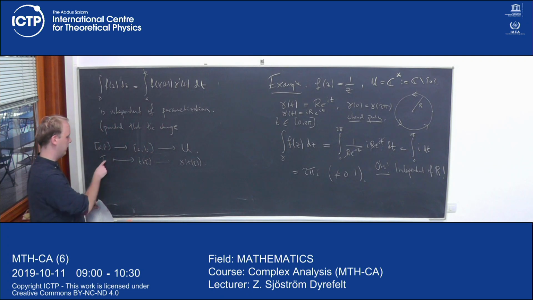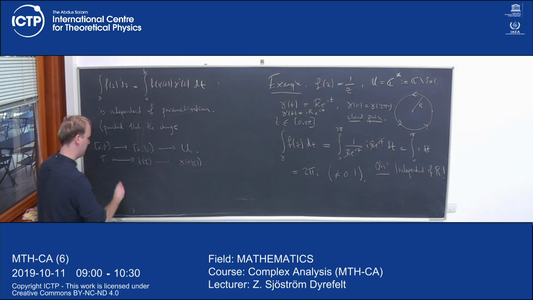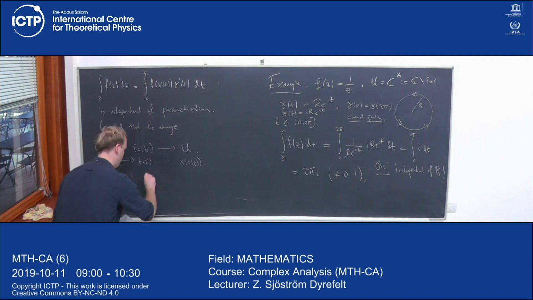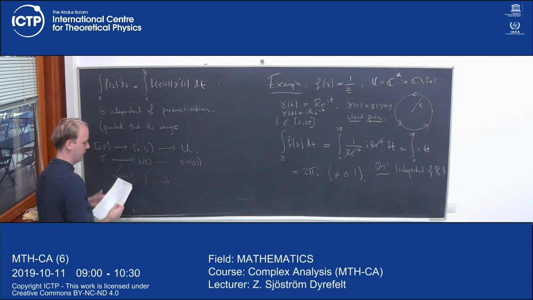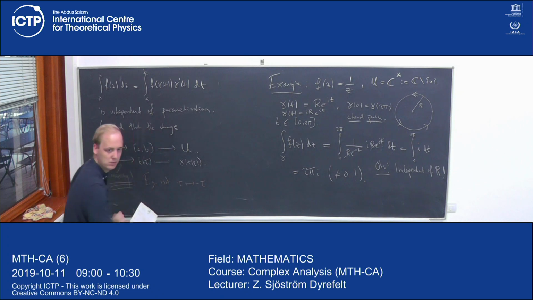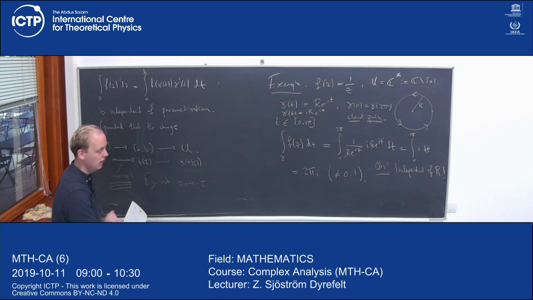But this function here has to be increasing. Because, for example, it should not be something that sends tau to minus tau.